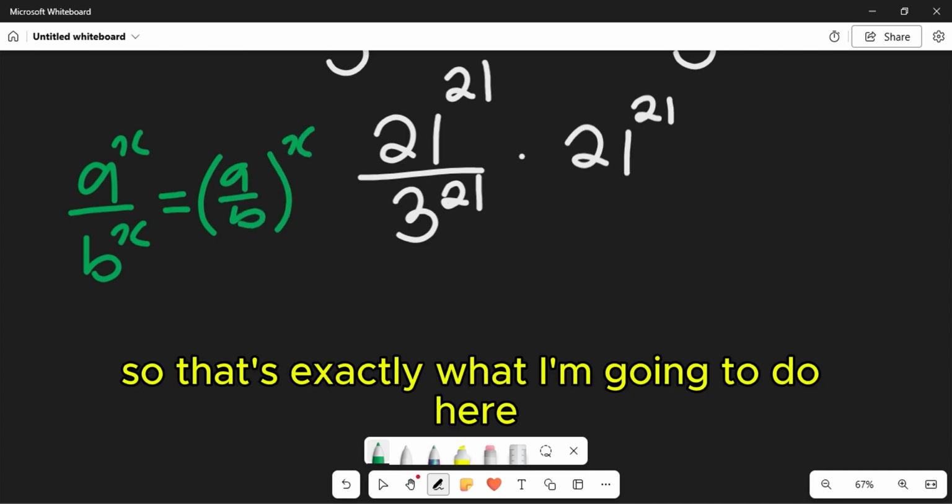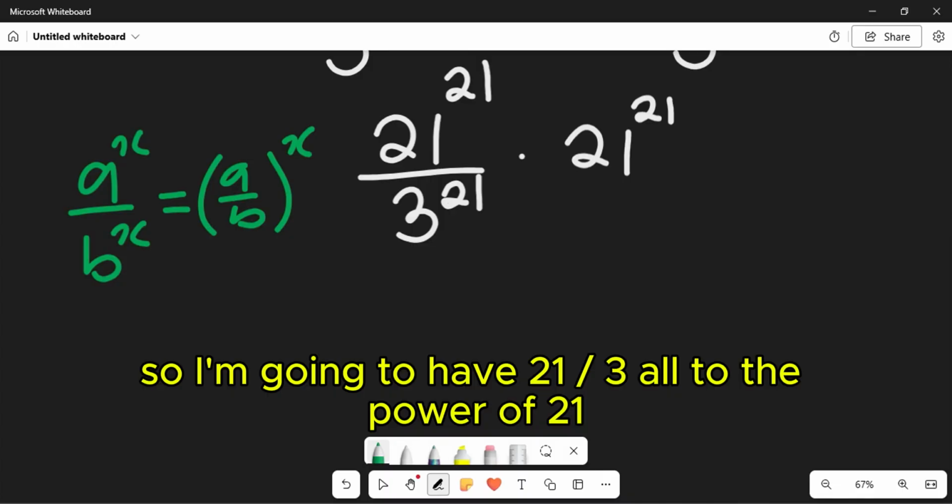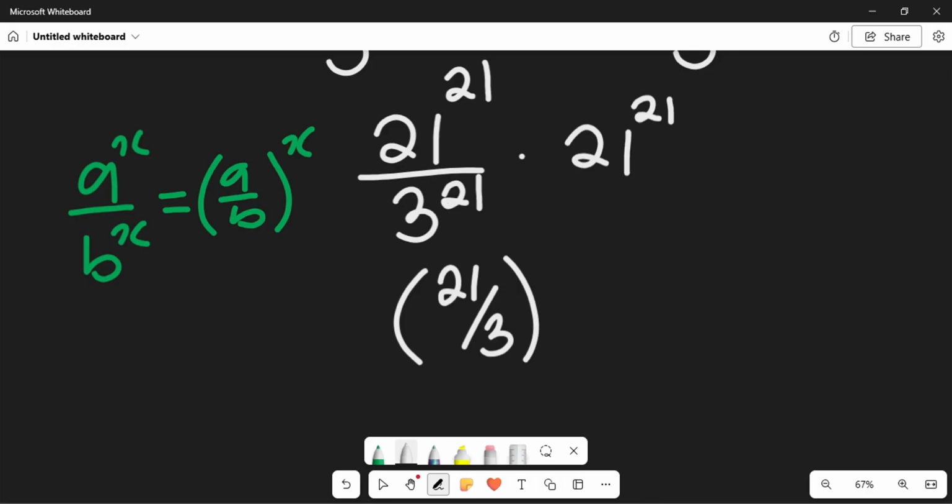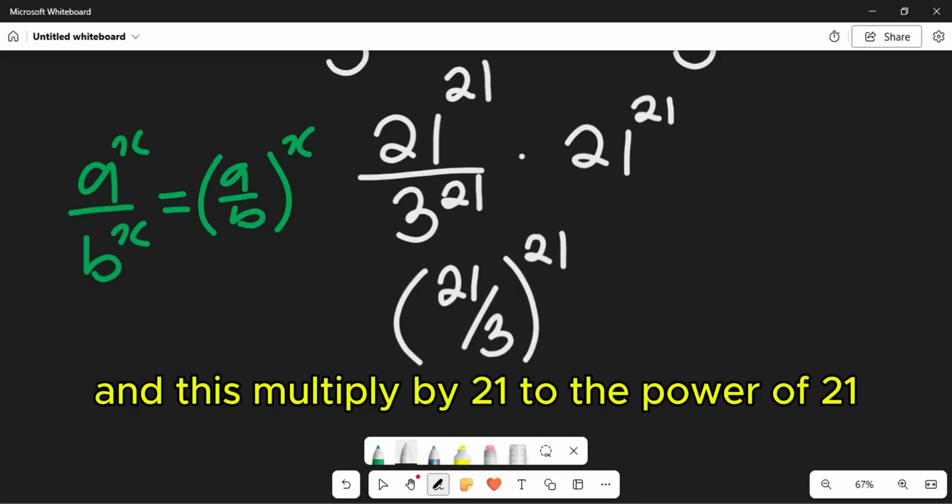So that's exactly what I'm going to do here. I'm going to have 21 divided by 3, all to the power of 21, and this multiplied by 21 to the power of 21.